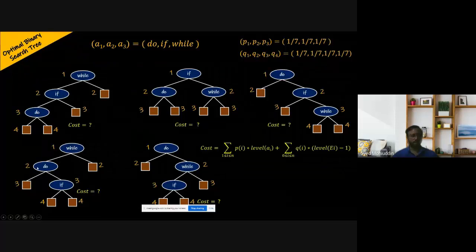The same way, in the tree below that, while is the root node, which is at level 1, and do is the child, at level 2. So the number of comparisons needed is 2. So whether it's an internal node or an external node, the number of comparisons needed is nothing but the level on which that node is in the binary search tree.